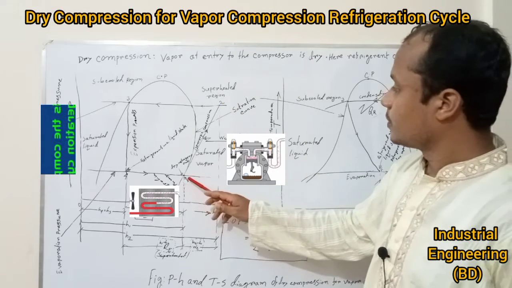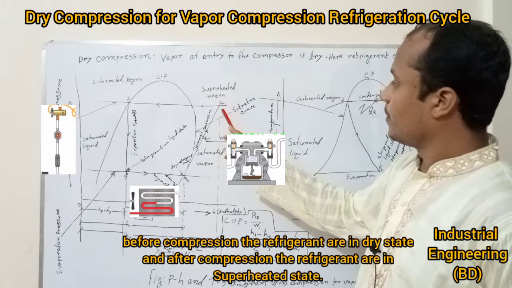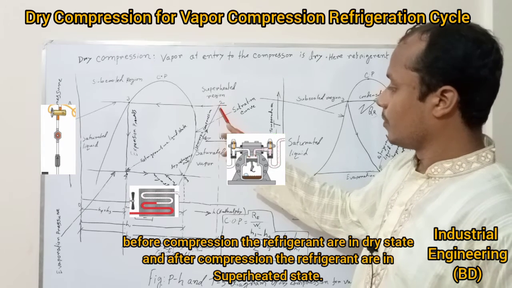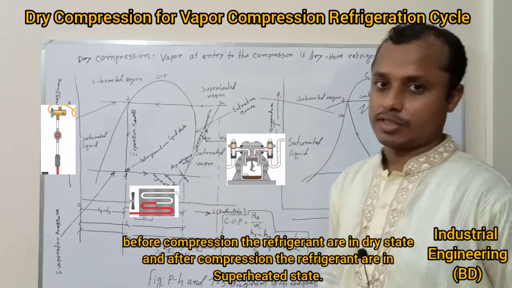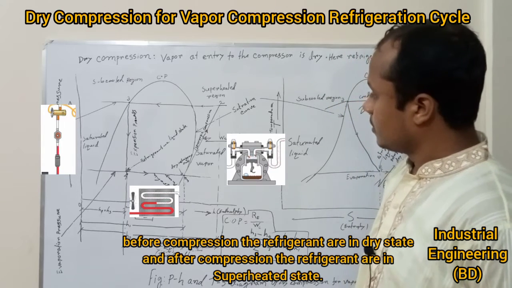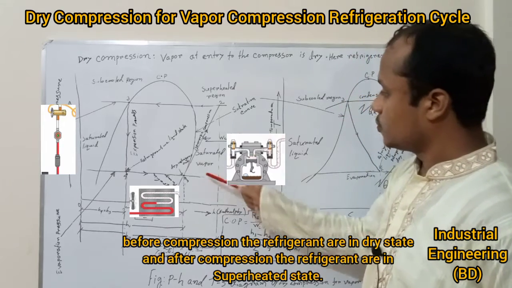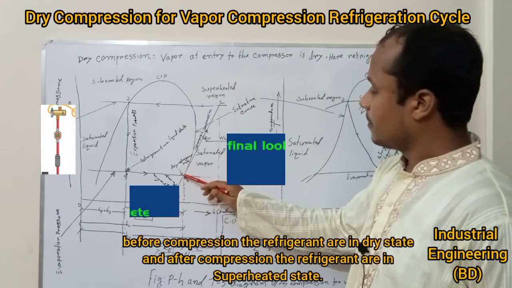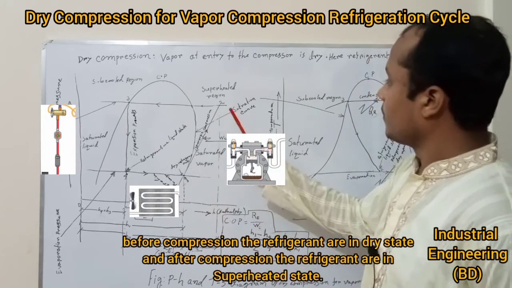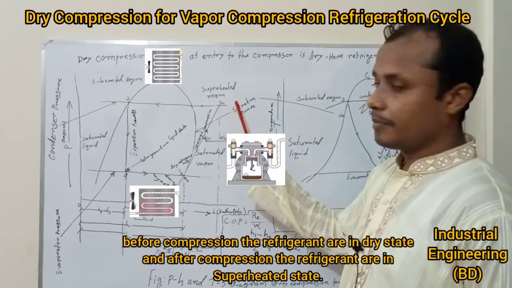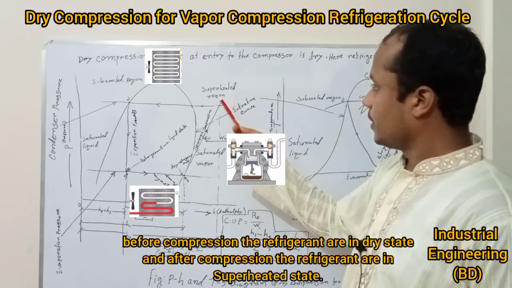So after the compression process, the refrigerant is at point 2. The process 1 to 2 is an isentropic process. That means this compression process is isentropic. In this isentropic process, pressure and enthalpy both increase. So at point 2, the high pressure vapor is in superheated condition.